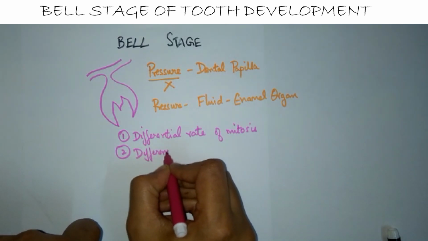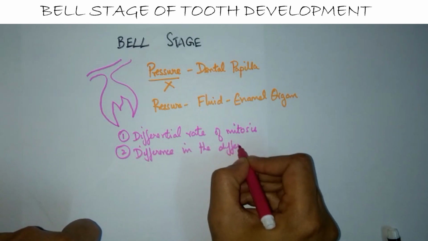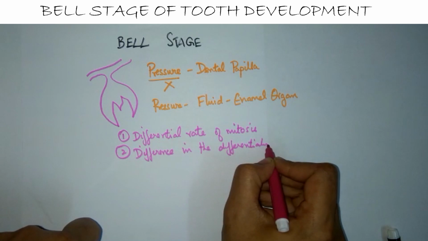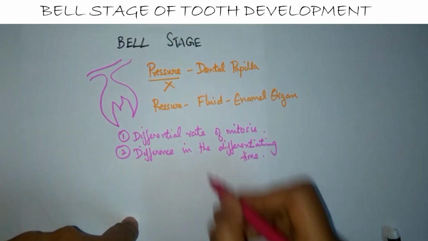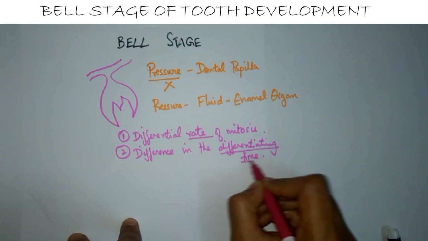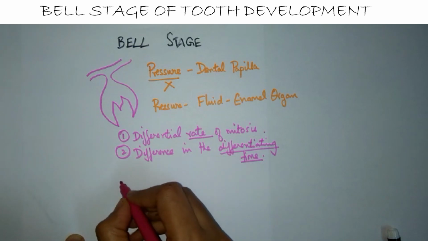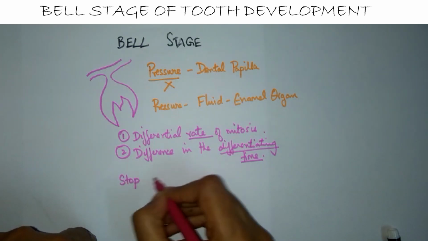What does it mean? It means that not all cells divide at the same rate and not all cells differentiate at the same time. For any cell to differentiate, it should stop dividing.